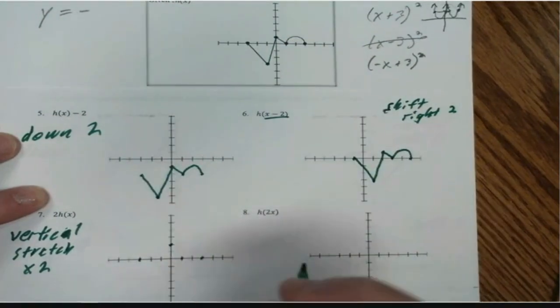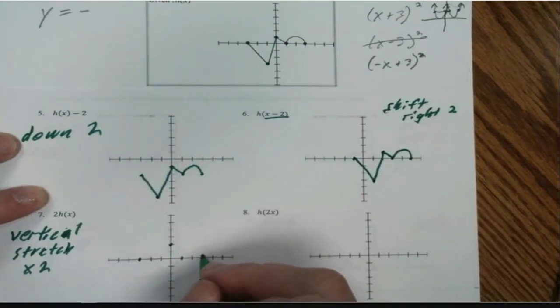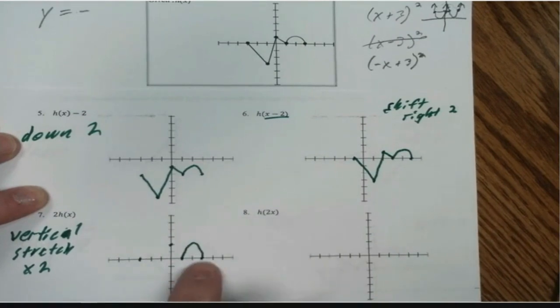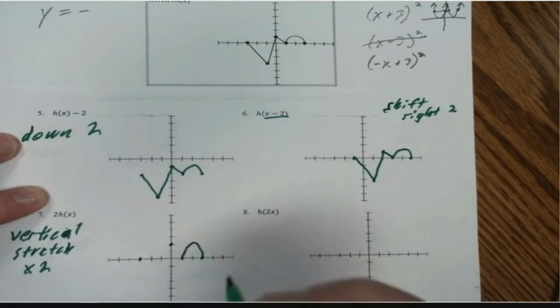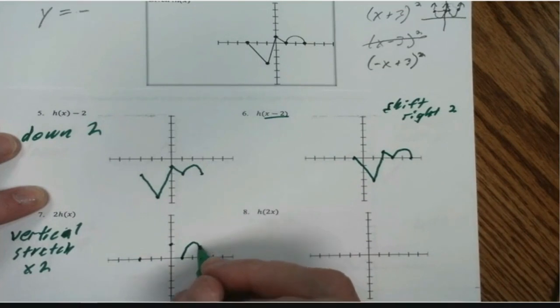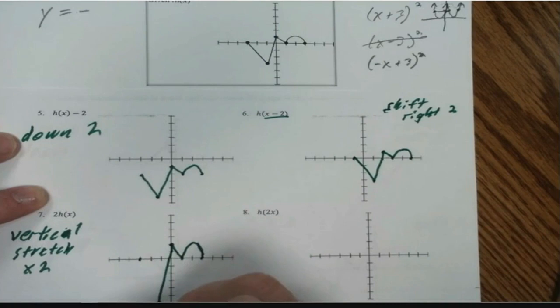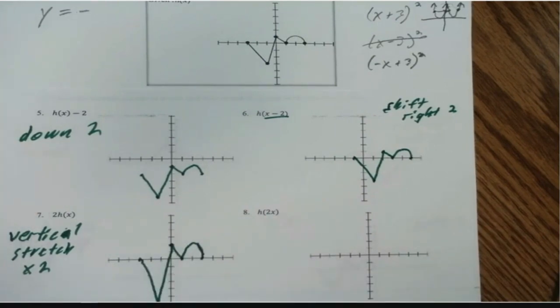Now it's going to go up to 2 because those points all doubled in size. Every point between there is now twice as tall as it was before. It goes up, there, it goes up to there, it goes down to there, and then back up. So it just stretched it vertically, right? Up and down vertically. It's a vertical stretch times 2.